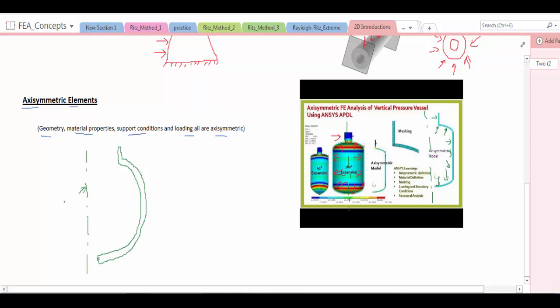So this is the axis. Wherever you cut this model, you will get the same kind of cross section. The cross section is constant. And the material property, suppose you assume a steel body, then the Young's modulus throughout the cross section will be constant. So material property, geometry and support condition.